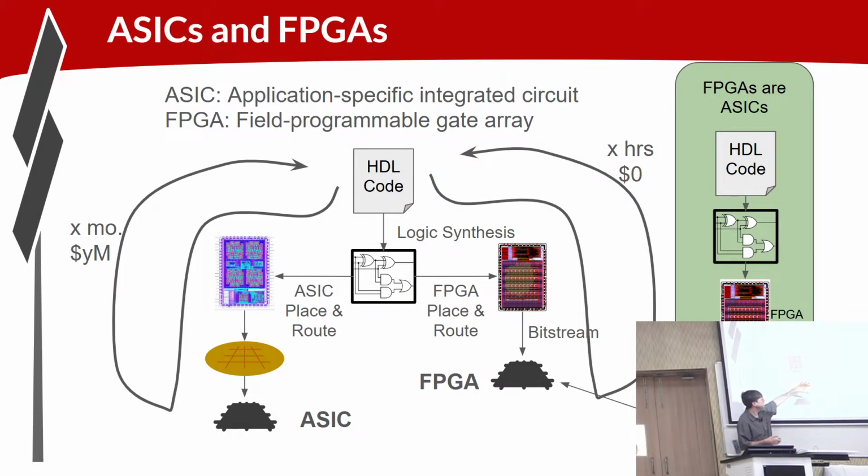So either way, the process starts from your HDL code, the hardware description language, describing the circuit, the behavior that you want to implement. For an ASIC flow, that gets compiled into, generally we use cell-based design, so a bunch of standard cells with different logic functions all laid out any way you'd like them to be, because you're producing the silicon in a custom way.